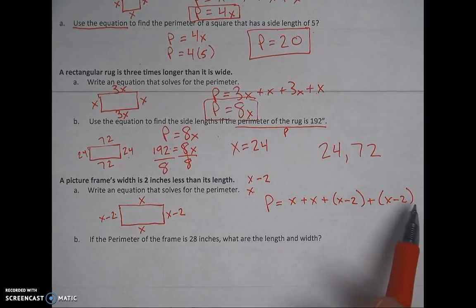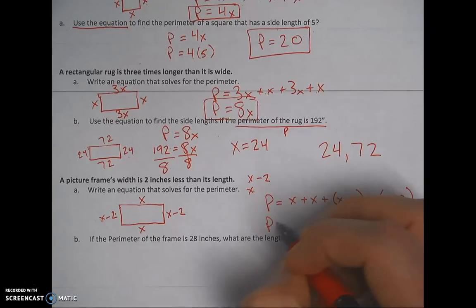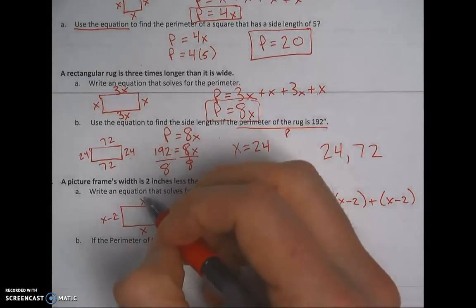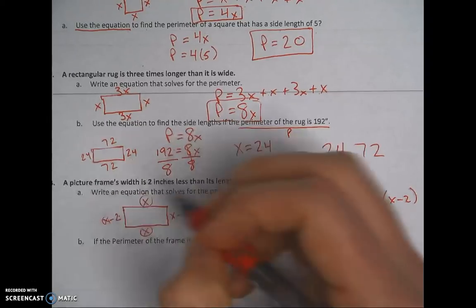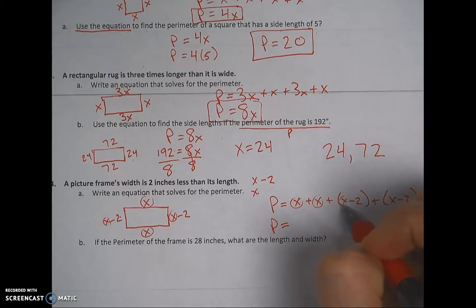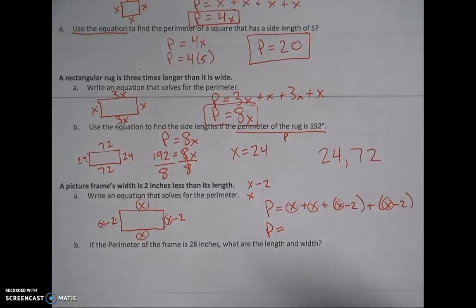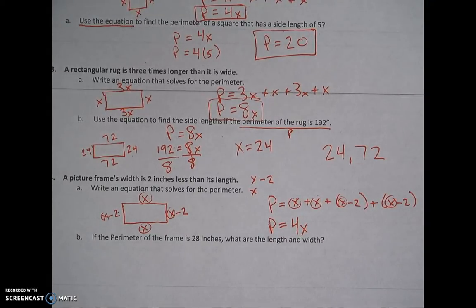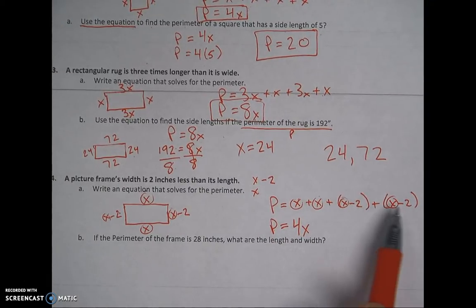Now we don't have to write out the expanded form. We can go straight to the simplified version. So you can do it here, you can do it here, but you've got an x, an x, an x, and an x. If I combine all of those, x, x, x, x, that's 4x. Now, I can't just leave it there. I've got to account for these other numbers.